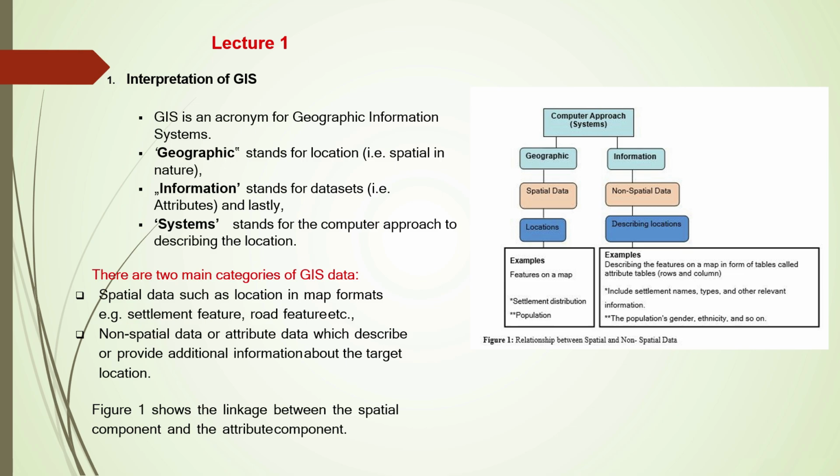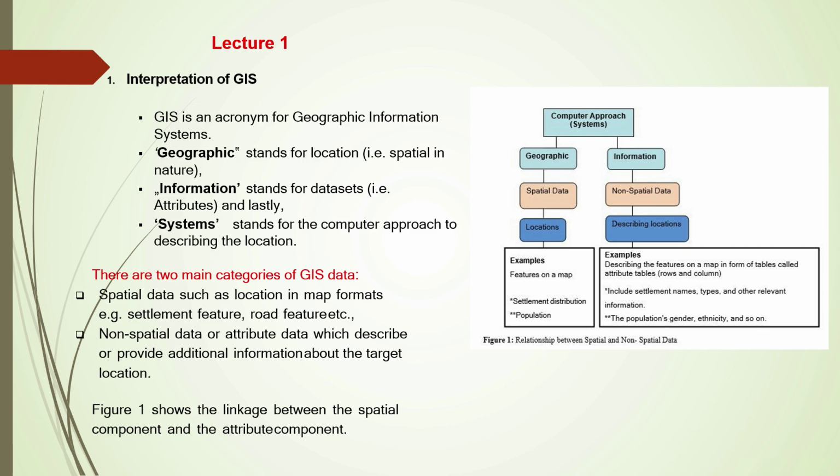Actually, every data set is spatial in nature. It only depends on whether we are interested in the spatial component of the location of the data. The other type of data that GIS uses is non-spatial data, or you call it attribute data. These are the attributes that describe or provide additional information about the spatial data.